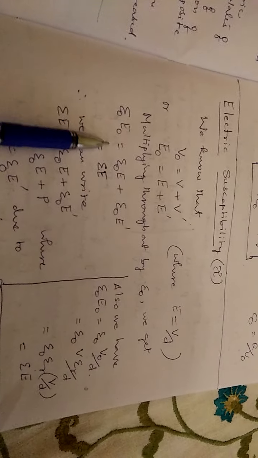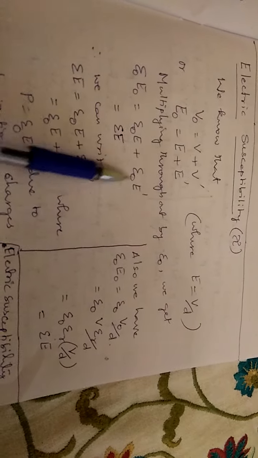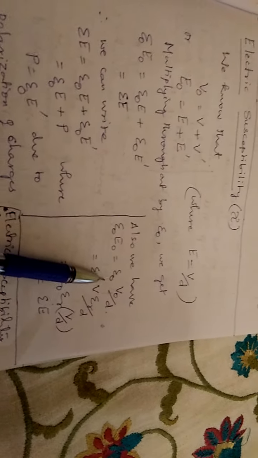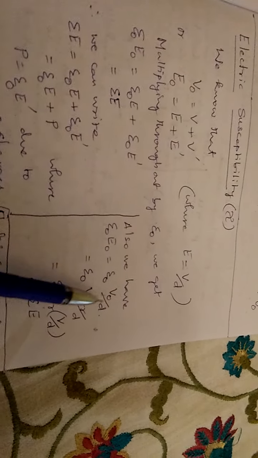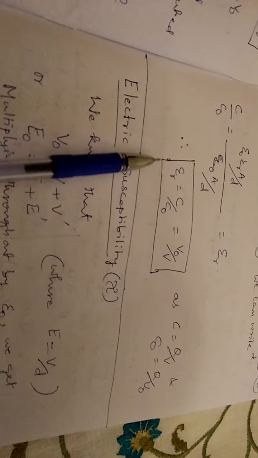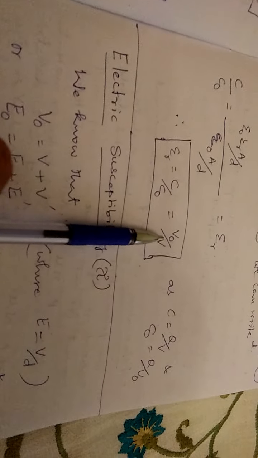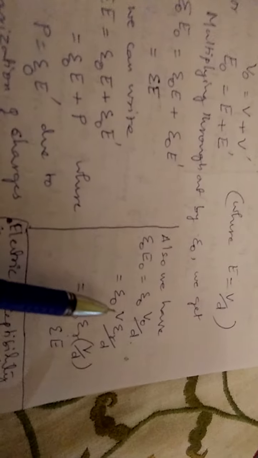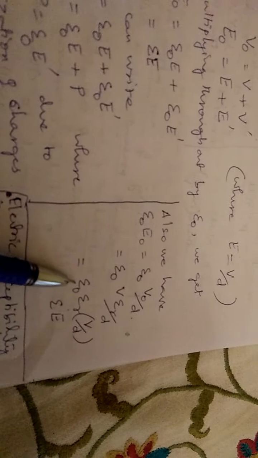Multiplying throughout by epsilon naught, we get epsilon naught E0 is equal to epsilon naught E plus epsilon naught E dash. Now this epsilon naught E0 is V0 by D. We got epsilon R is equal to V0 by V, so V0 can be written as V into epsilon R. I have substituted here, so we can rewrite epsilon naught epsilon R V by D. What is V by D?